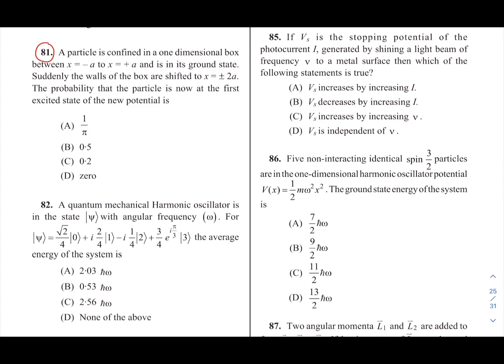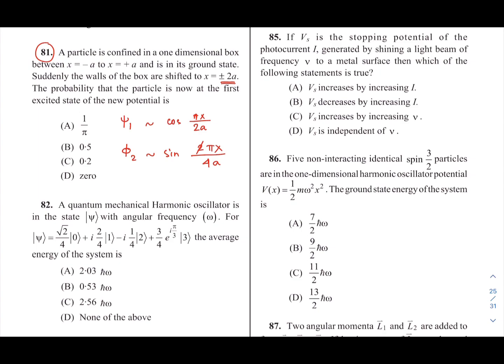So we know the ground state of a particle confined in a one-dimensional box is given as cos of 1 pi x divided by 2a, and the first excited state wave function of a box of length 4a is something like sine 2 pi x by 4a.